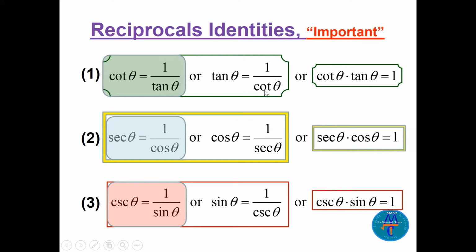Tan is also the reciprocal of cotan. And if you multiply them, you get 1. Same thing for secant theta and cosine theta. They are reciprocals. So you can see here three forms of the same formula. In this slide, we see formula number 1, formula number 2, formula number 3. Each formula has three different forms.